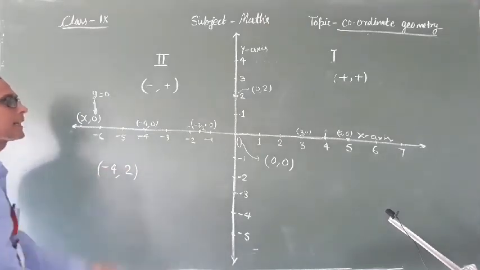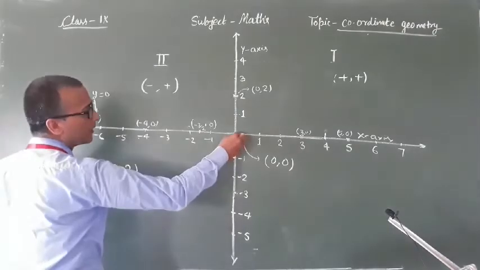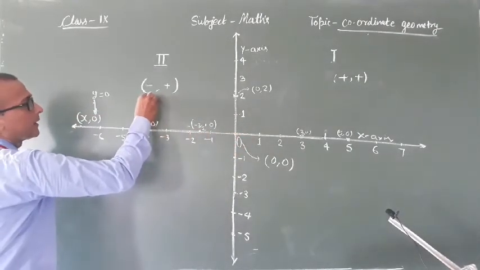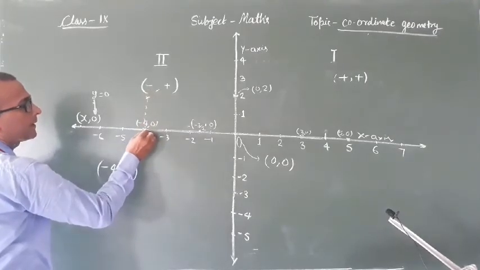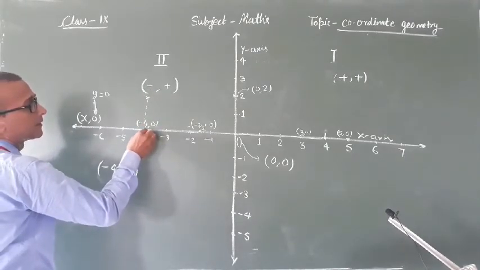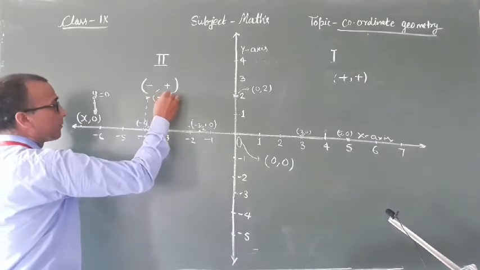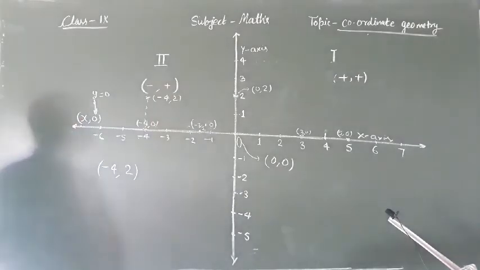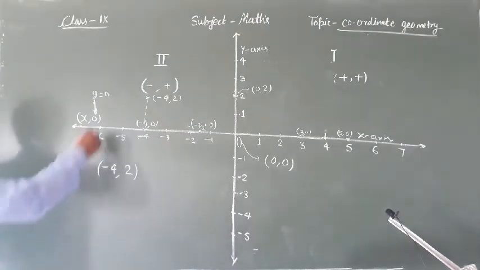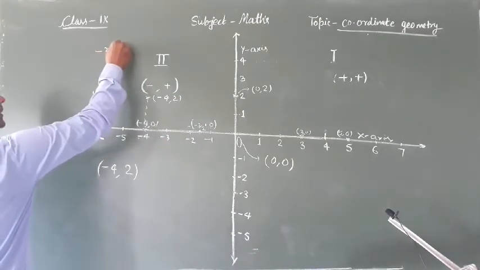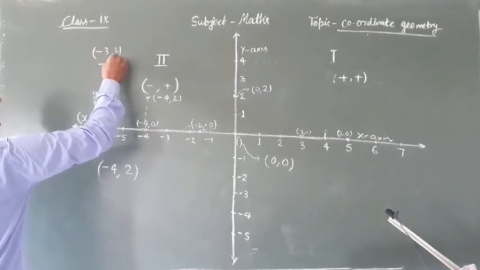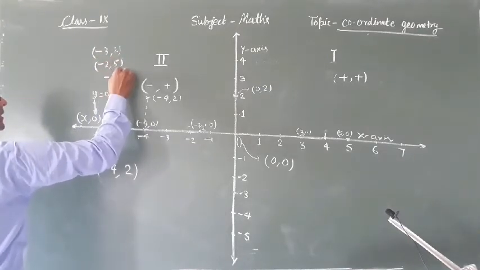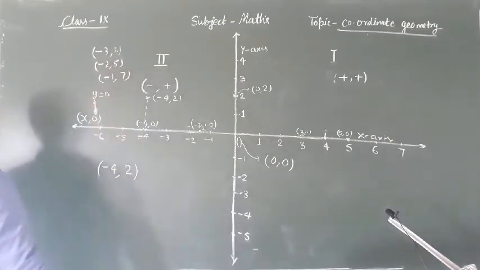The location of (-4, 2) is -4 units and 2 units above in the upward direction, and it shows that it is in the second quadrant. You locate (-3, 2), (-2, 5), (-1, 7) on the number line.